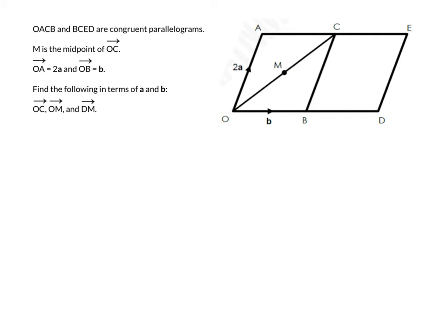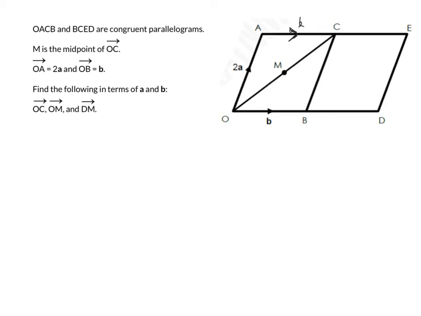The fact these are parallelograms is super useful because this side and this side are exactly the same length and are pointing in the same direction, i.e. they're parallel. So this side here is represented by the vector B, i.e. the instructions to get from here to here are the same as for getting from here to here.